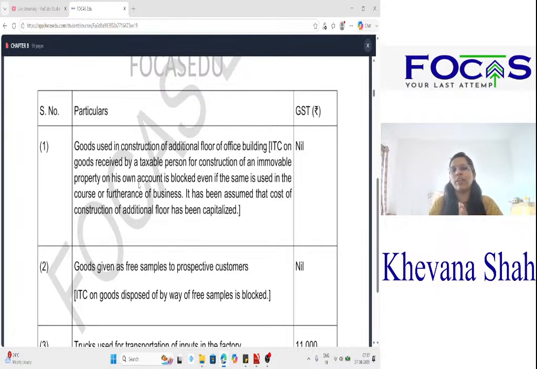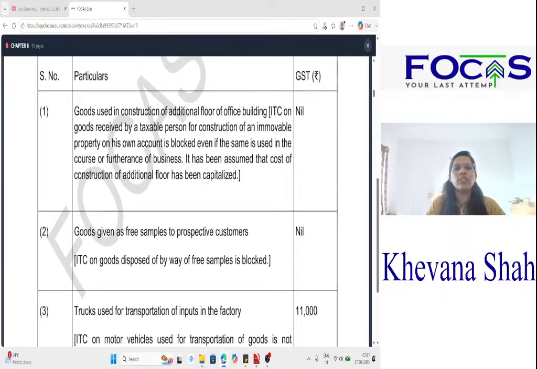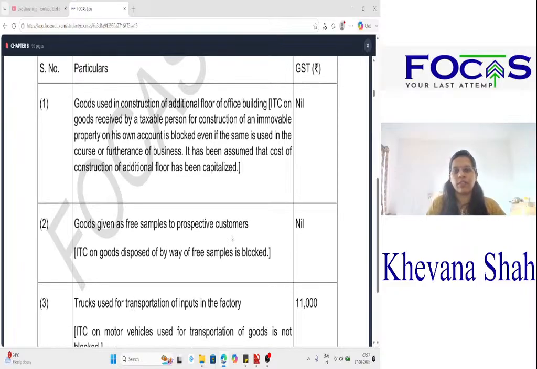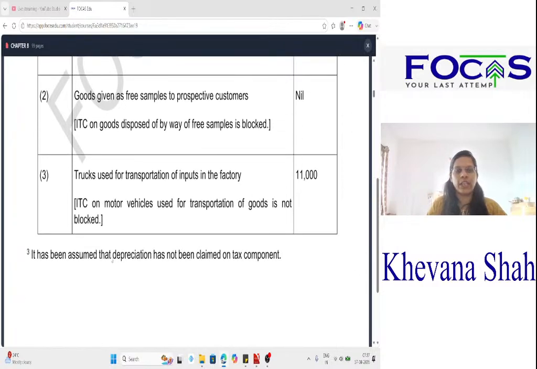What we have assumed here is that the cost of construction of this additional floor would also have been capitalized, and if the cost of your asset is capitalized, then for the same asset you cannot claim the ITC. Then goods given as free samples to prospective customers. Here we know as per the provisions that ITC on the goods which are disposed of by way of free samples is specifically blocked. So here again we will have no ITC.